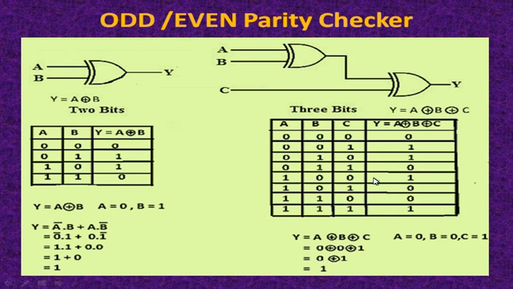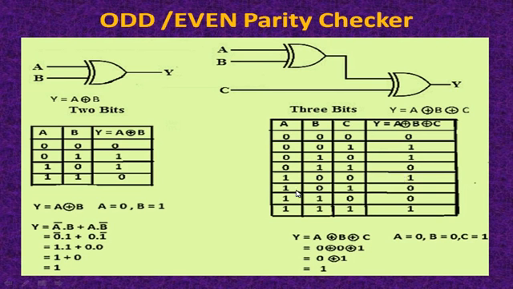So the output for the fourth case is 0. Means we can say that if an even number of inputs are high, output will be 0. Though this is a 3-input XOR gate, this truth table also follows the function of XOR, isn't it? So this is the concept.